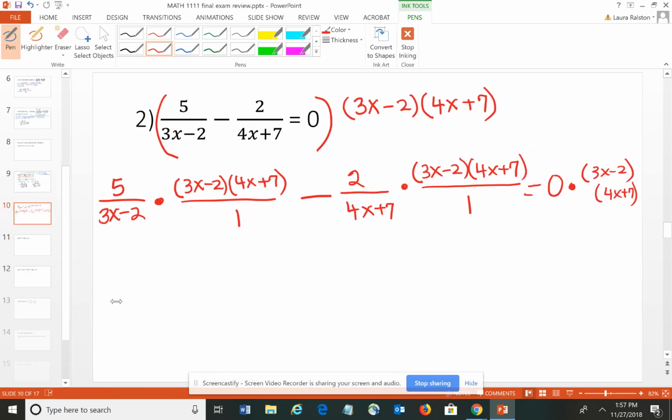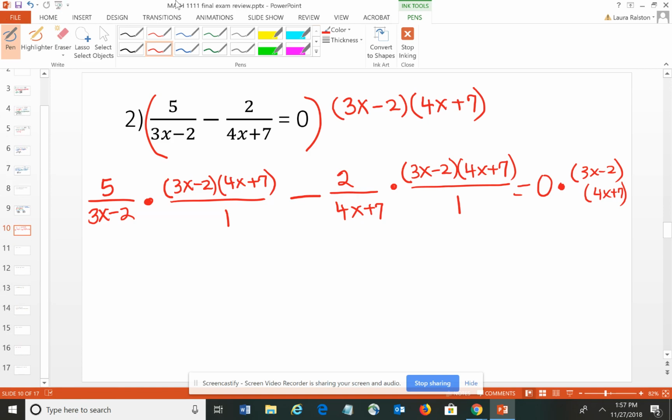Okay, so then I'm going to actually do those individual multiplications there. Remember, we can divide or cancel on the bow tie.